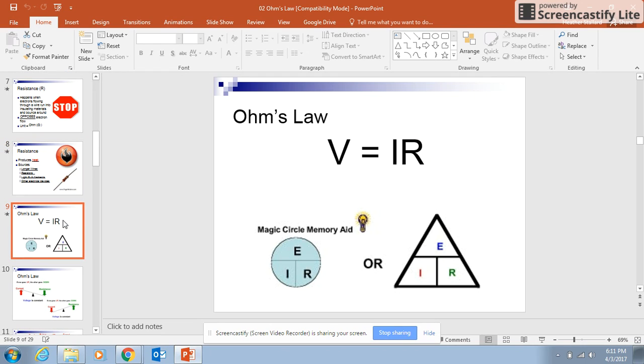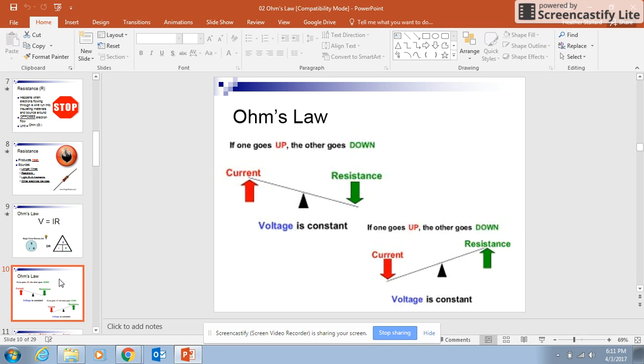All right, here's the actual equation for Ohm's law. It is V equals I times R. So voltage is equal to the current times the resistance. This diagram shows that if the voltage remains constant, one of the other variables is going to go up and one is going to go down.